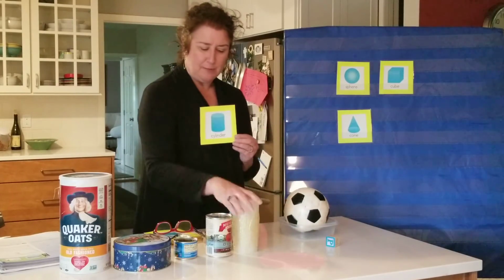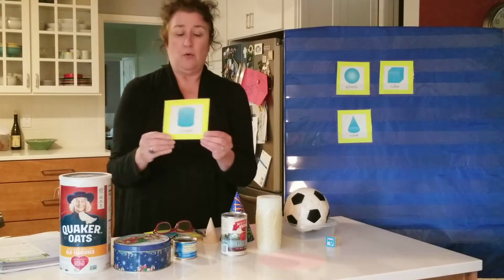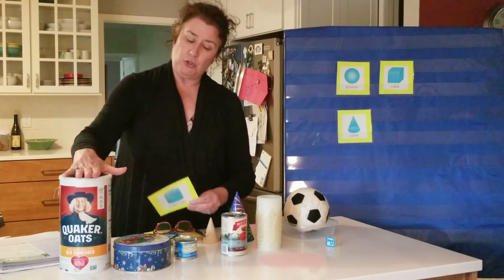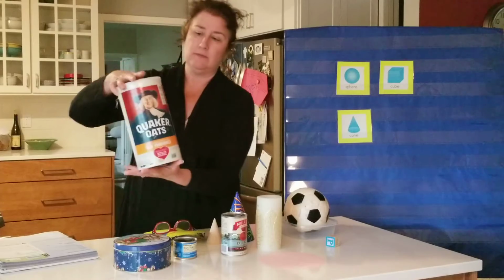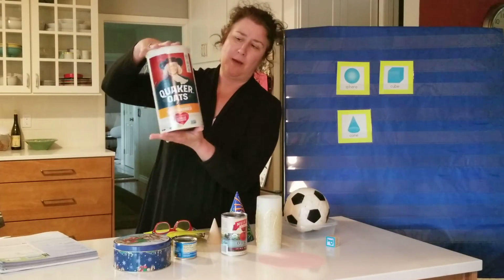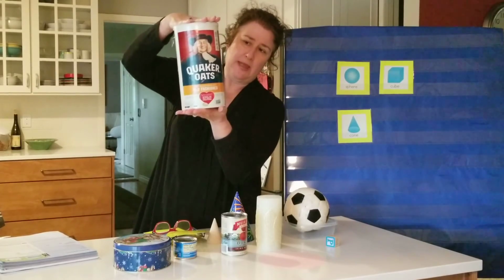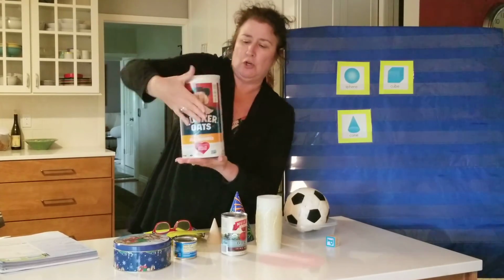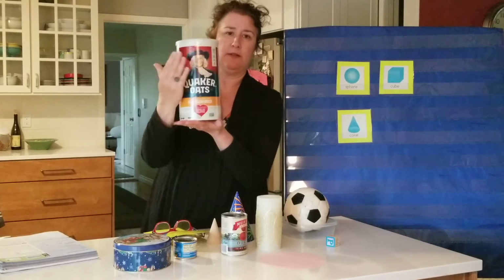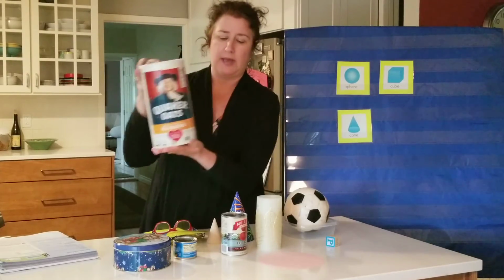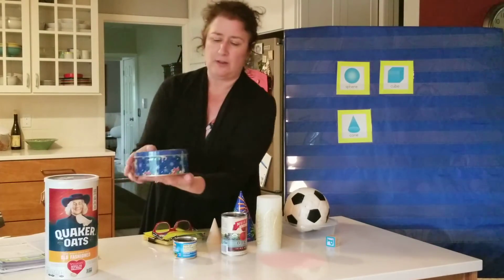What is the same about them? Well, they all have two flat faces. A flat face on the top, a flat face on the bottom, right? And then they have this curved surface between, okay? So we see that on all of them.